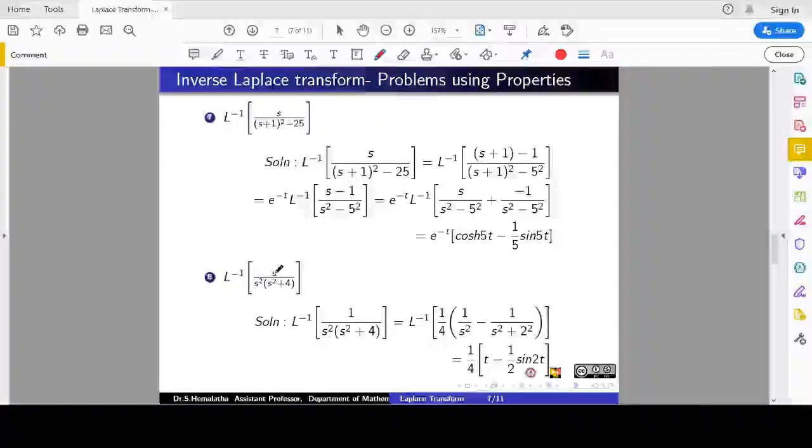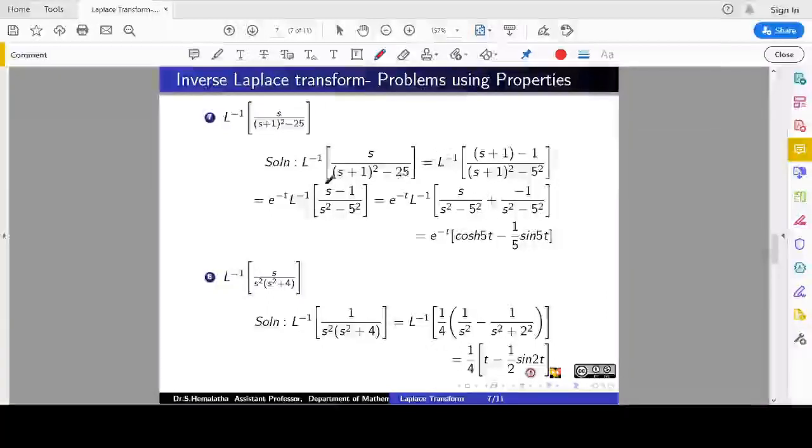Okay, eighth problem. It's not a plus, it's a product of two terms, and you have an s term also. So I cannot simply write a by b by. You can go ahead by writing partial fractions, but you can use your properties. Even this is used with the property Fs. What does that property say?